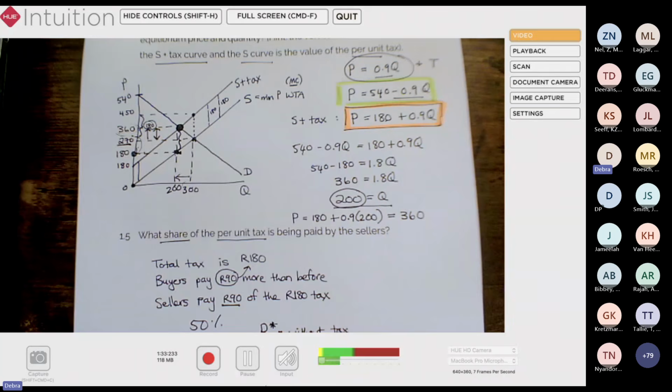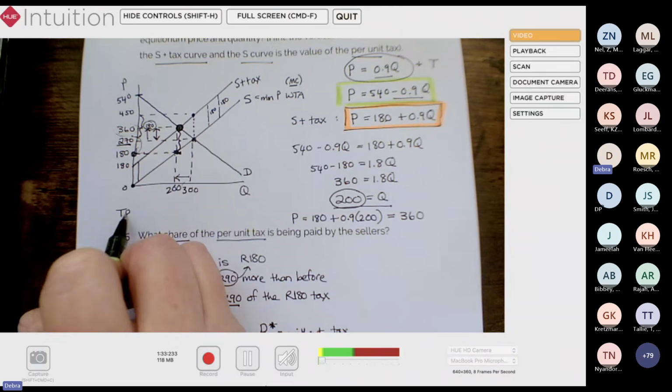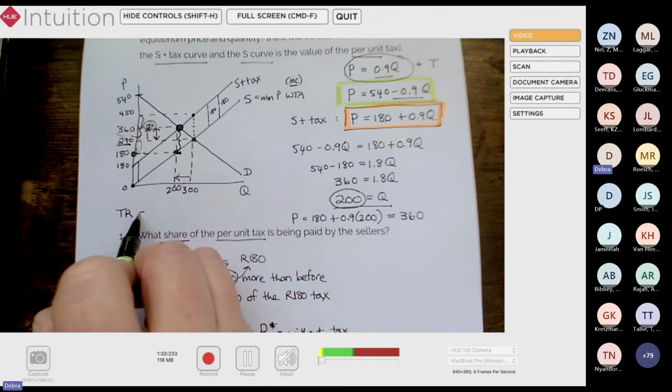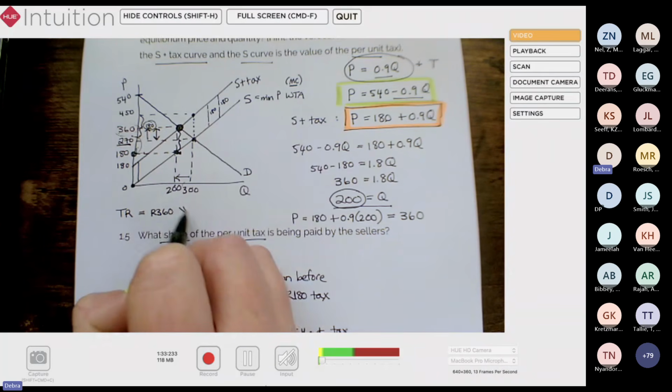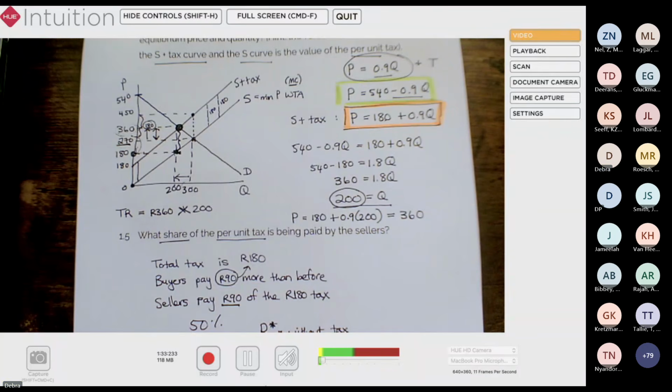So if I wanted to know how much in total revenue sellers are making after the tax, I would then say they're making 360 Rand per lobster times 200 lobsters. So it's 360 Rand per lobster and 200 lobsters are sold. Okay.